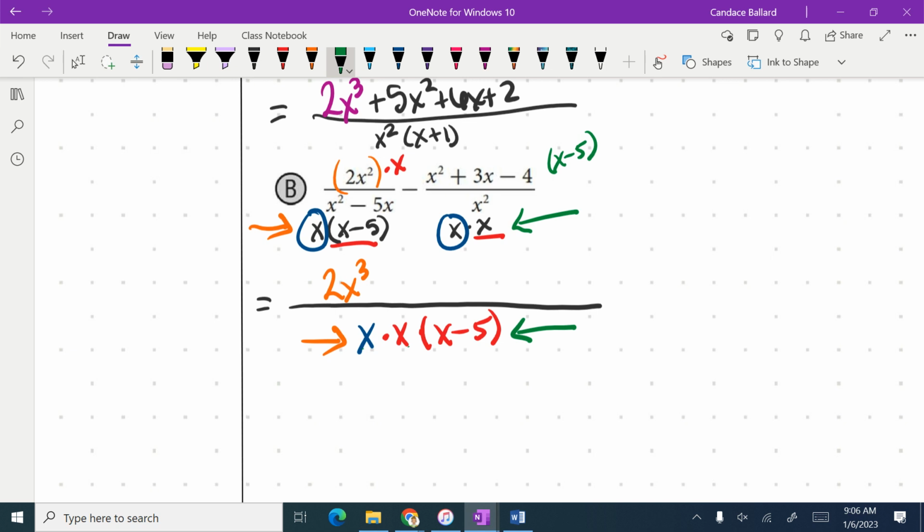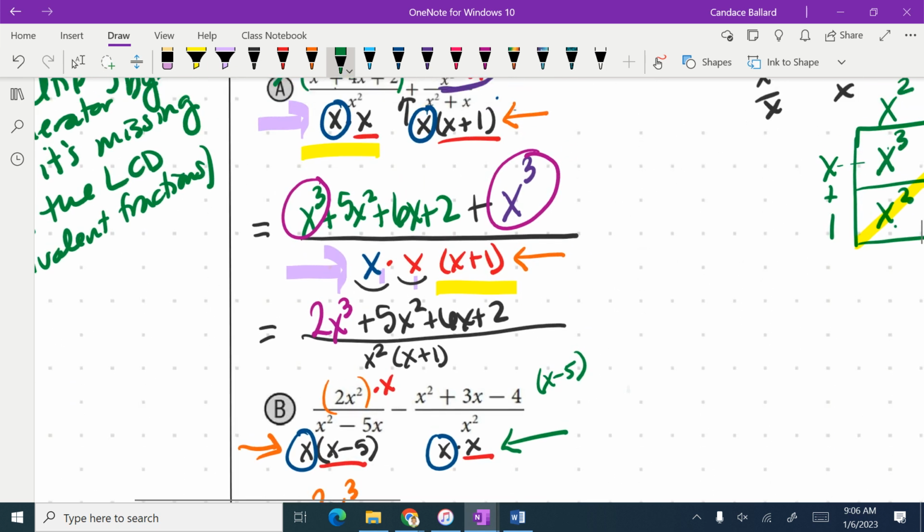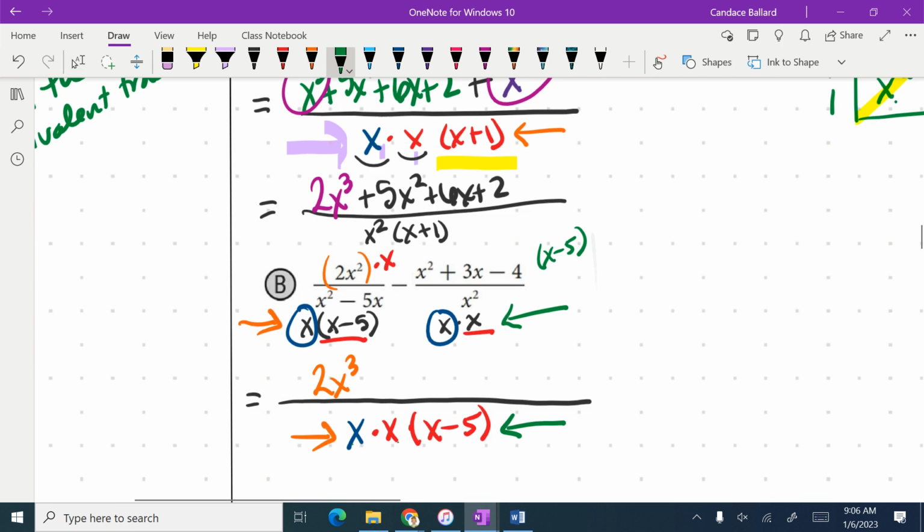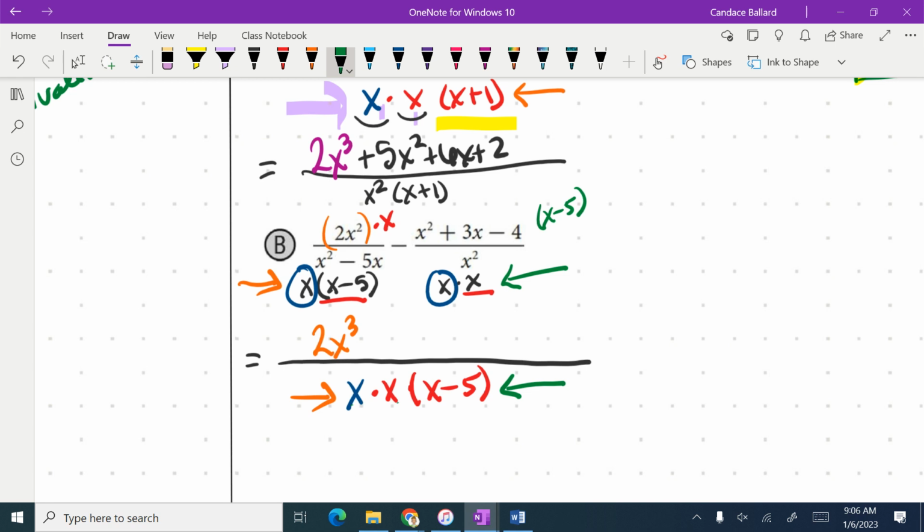Now, I need to be a little bit careful. Did you notice the operation on this first one was addition? What's my operation here? Subtraction. What that really means is I have parentheses there. So what does that mean I'm going to have to do with that negative sign? Distribute.